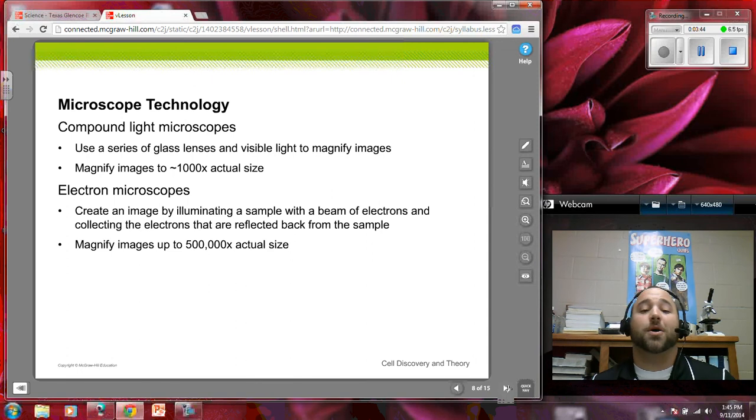How does an electron microscope work? Sorry, tangent. We create an image by illuminating the sample with a beam of electrons. We shoot electrons at it, and they reflect back from the sample, and that's how we image it. Since we're shooting electrons, that's pure radiation, so whatever we're looking at is in a vacuum, which means there's nothing in the way.